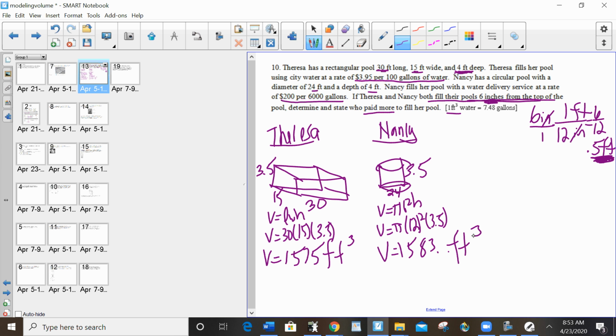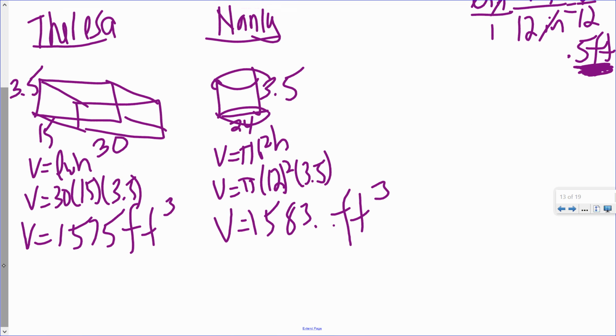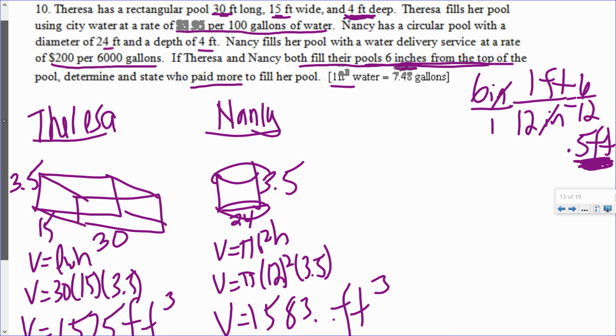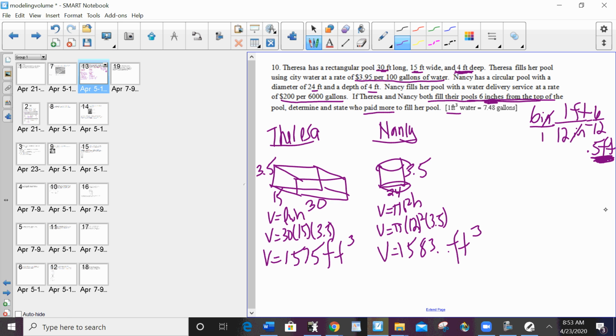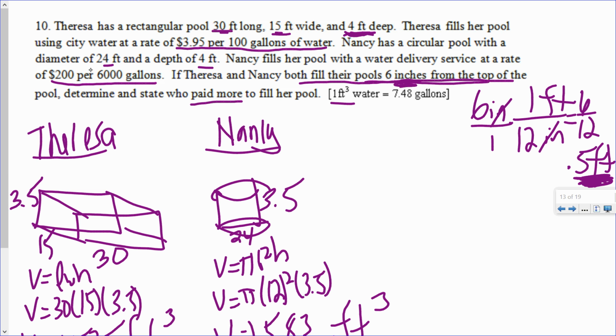Now I'm going to start my unit analysis. I'm going to do each one individually. So let's do Teresa first. Let's get a different color. So Teresa is 15, right, T for Teresa, 1575 cubic feet.